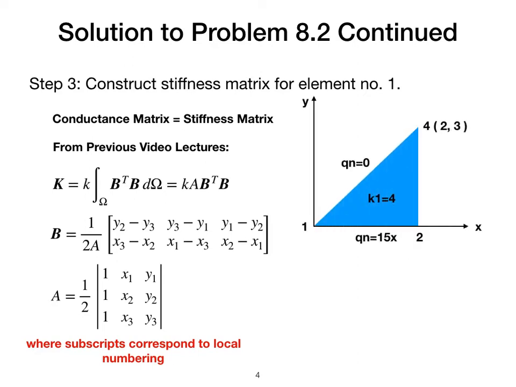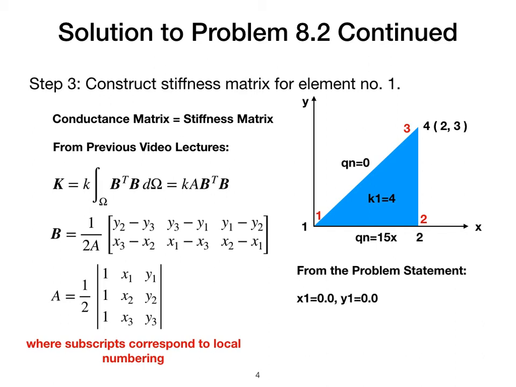So if you look at the original global numbering for the first element, the global node number is 1, 2, and 4. However, in local numbering, we have to renumber it. So let's say global number 1 corresponds to local number 1, global 2 still is local 2, and global 4 is now local 3.